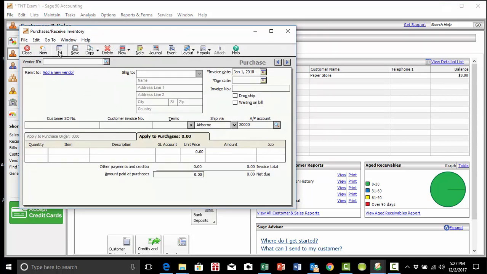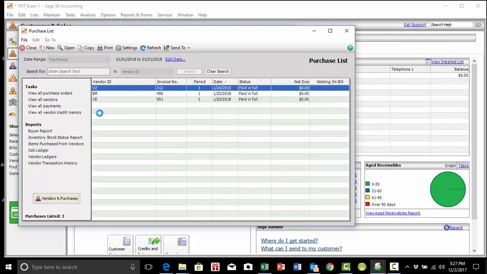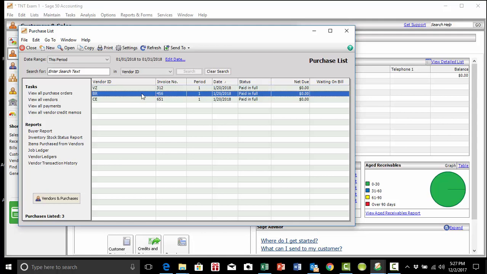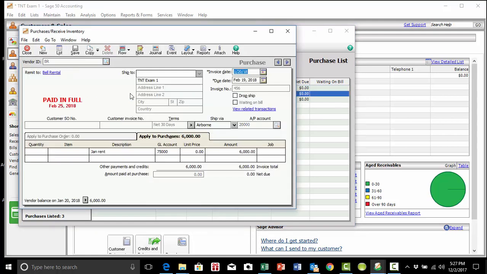All right. So we go to list, see what we've done, and let's look at this one. This was the first one on the list. Bell rental. Okay, so you can see that we paid this, but this is the entry that we made. This is how we make the entry. It's January rent, GL account, $6,000.